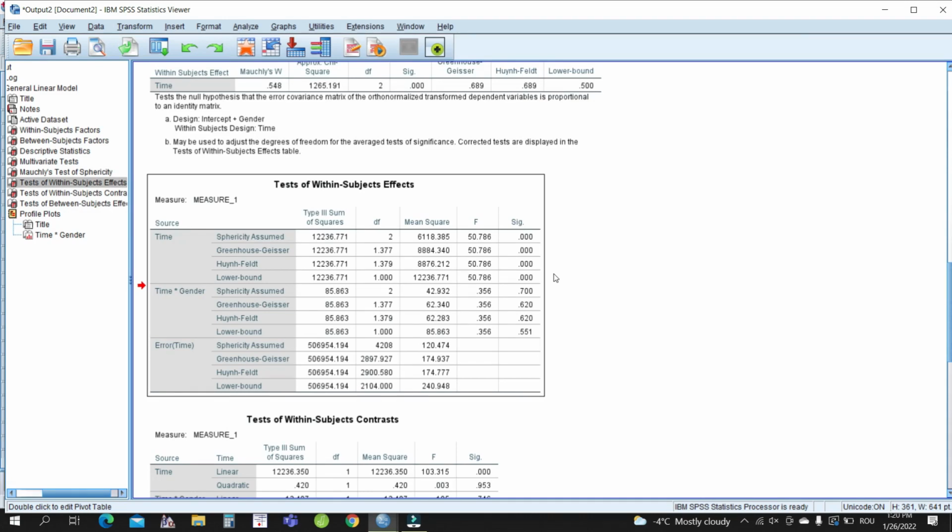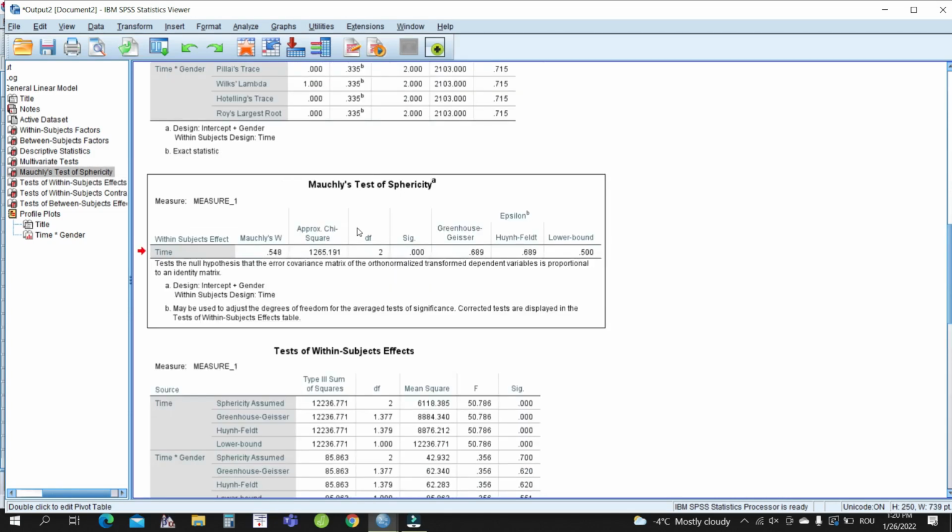This assumption is tested in the fourth table called Mauchly's test of sphericity. As you can see, based upon the level of significance for this test, which is smaller than 0.05, for our data, the assumption of sphericity is violated, so the variances of the differences between all combinations of levels are not equal.